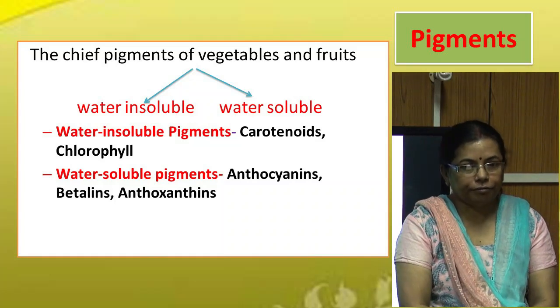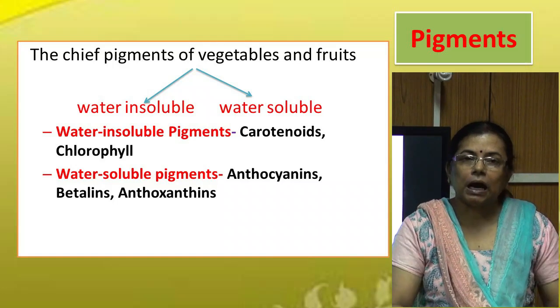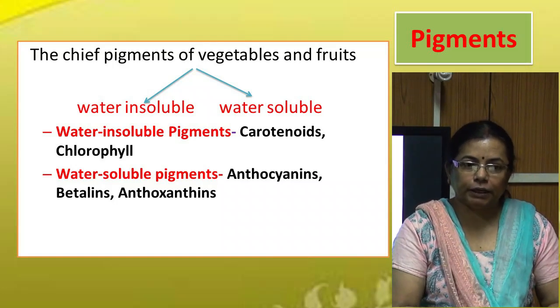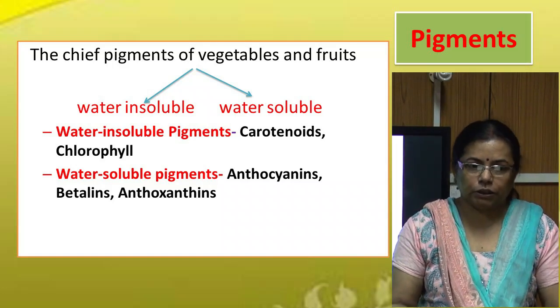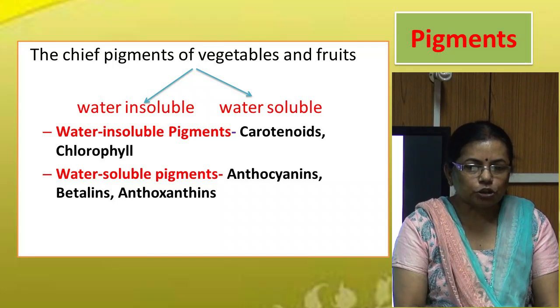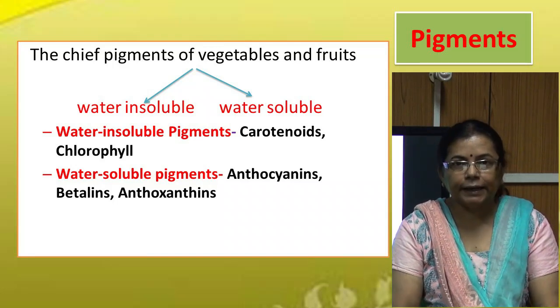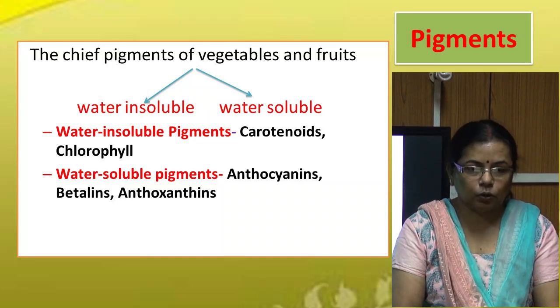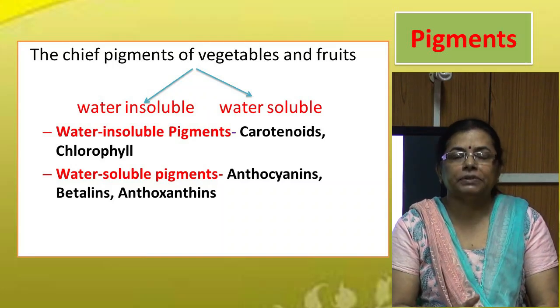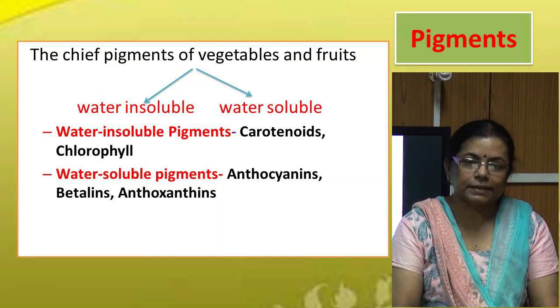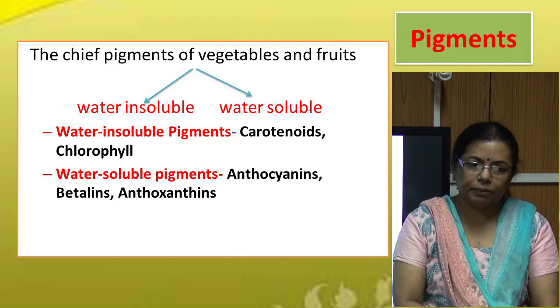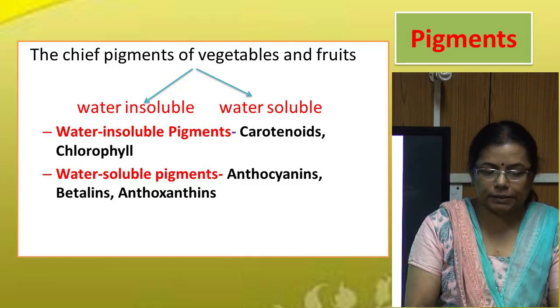Chief pigments of vegetable and fruits are classified into water insoluble and water soluble. Water insoluble pigments are found in plastids and include carotenoids and chlorophyll. Cell sap soluble pigments include anthocyanin, betalains and anthoxanthins.